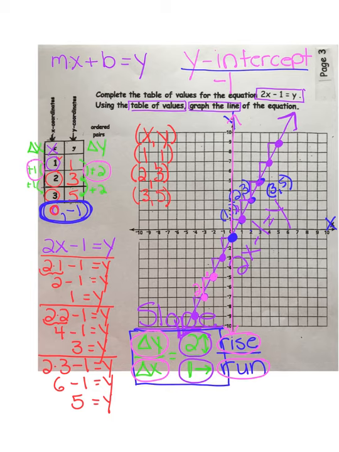So, a new vocabulary word today. Y-intercept, and again, it's where the line intersects the y-axis. And then again, don't forget about slope, sometimes referred to as rise over run, or delta y over delta x, change in y over change in x. This concludes page 3.